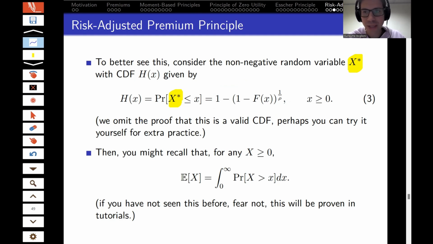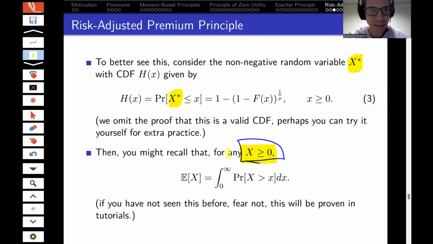Now, there's another property that I imagine you've seen before. If not, I'll make a tutorial exercise to verify that this is true. You can find the expectation of any non-negative X, and careful, this needs to be true, with this trick. Just take the integral on the whole support, from 0 to infinity, of the survival function.